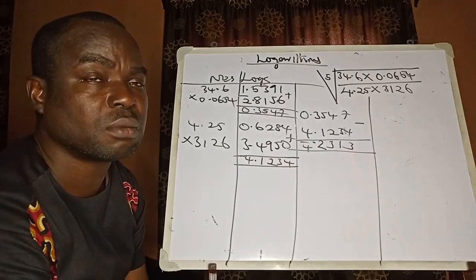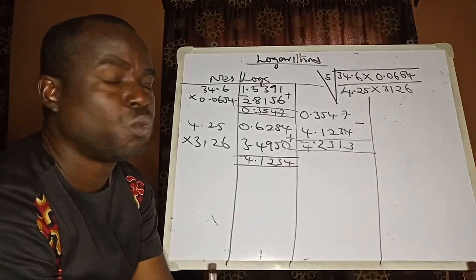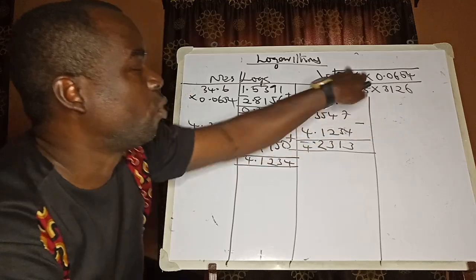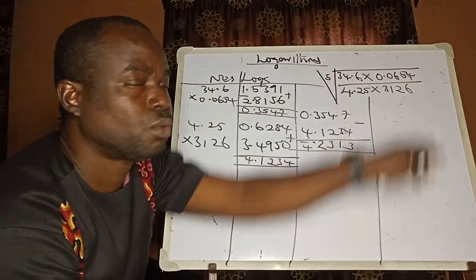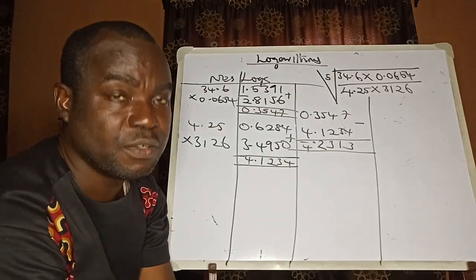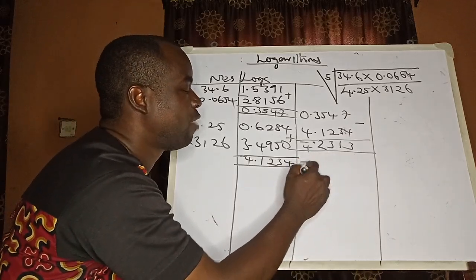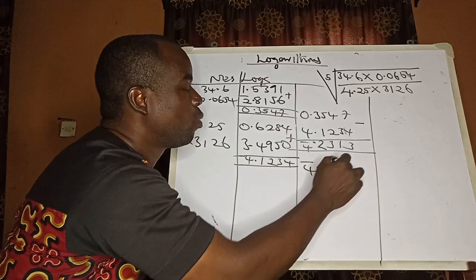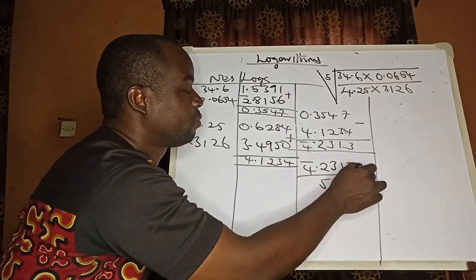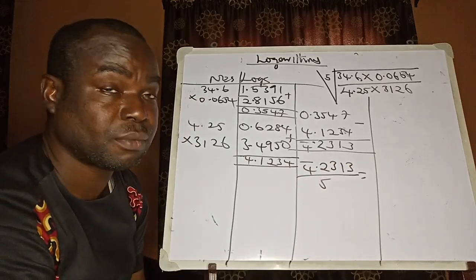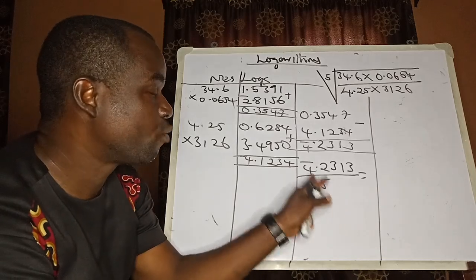Are you following? Now that we have the answer for all of them here, we find the fifth root. What is root? Divide, right? So we're going to now divide the answer by 5. 4.2313 divided by 5. I have taught you how to divide. Can 5 go in by 4?